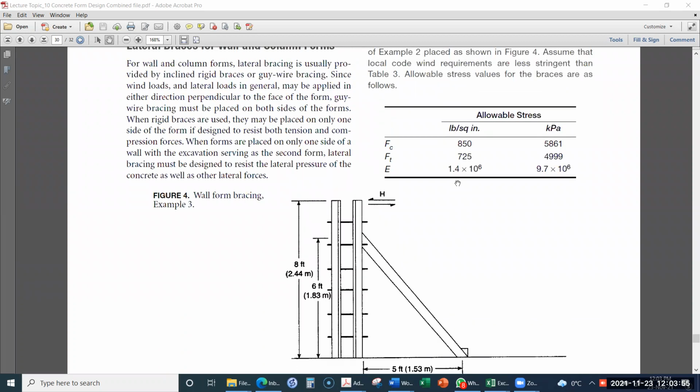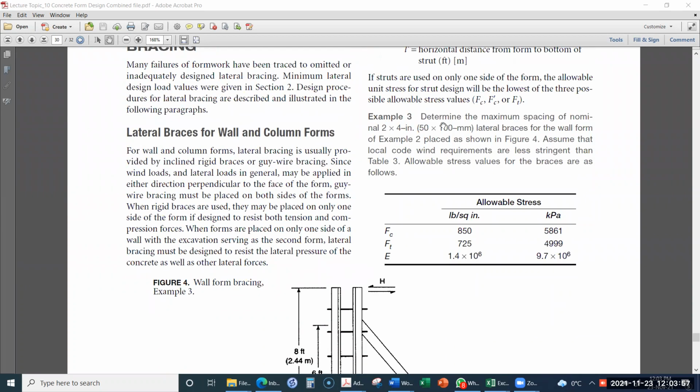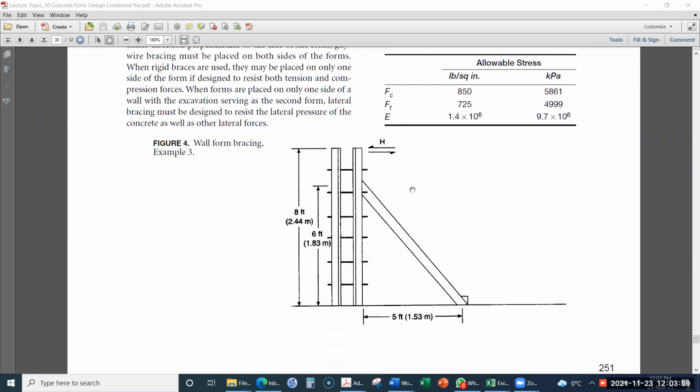So the first example is example number 3. This example is for a wall formwork. Here you can see the formwork for the wall.